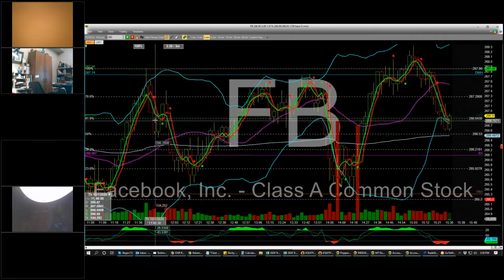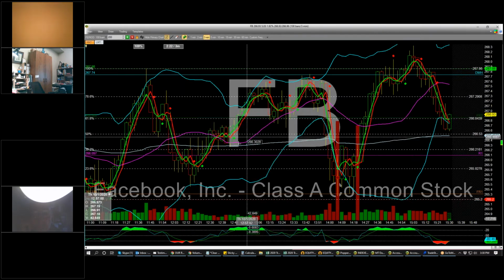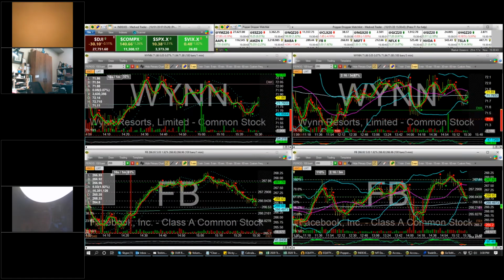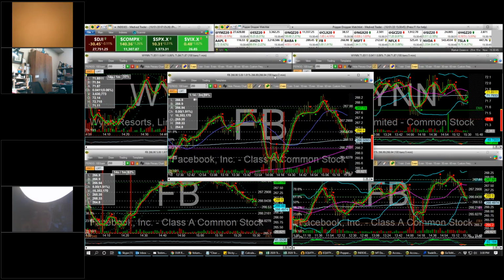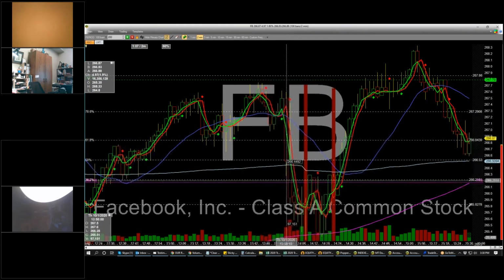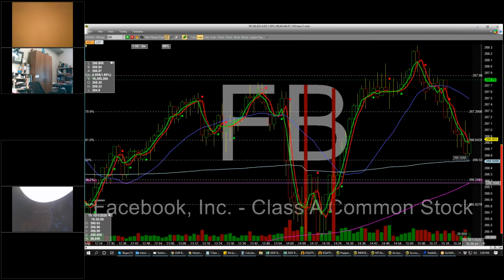All right, so Facebook, here's our volume weighted average price right here. And I'm going to go off of this chart. I'm going to go over to the 2-minute and load that up so you can see on a 2-minute chart, because that has the weekly fibs, weekly pivots. But here's a weekly pivot down here.